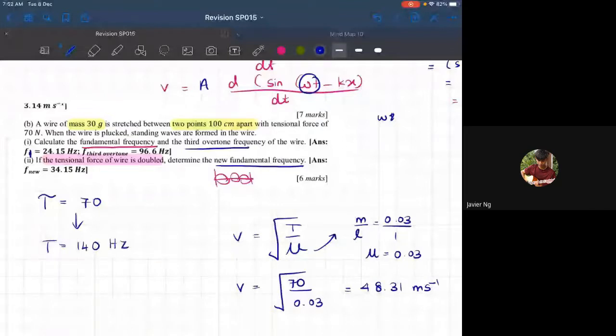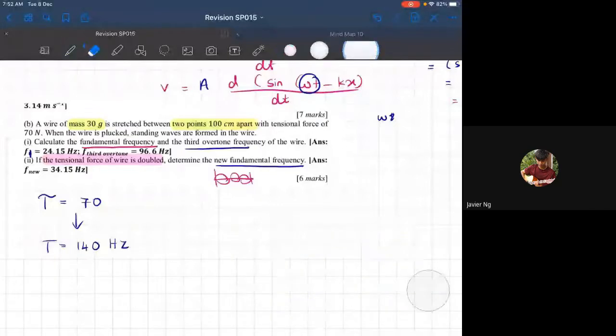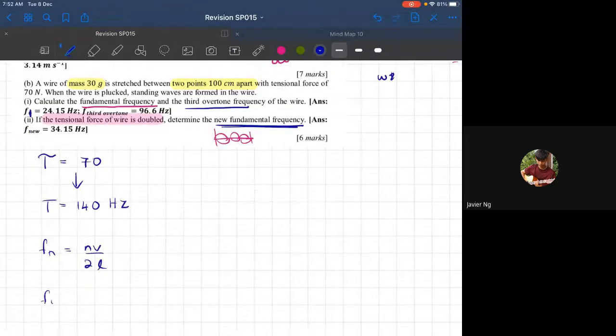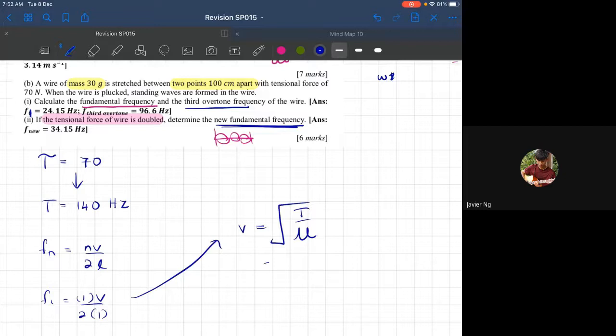So maksudnya kita kena kira lah our new V, sebab kita nak cari new fundamental frequency iaitu F1 equals to, Fn equals to NV over 2L, isn't it? So F1 sama dengan 1V over 2L. So kita kena cari V barulah sebab tension dia dah berubah kan? So V is equals to square root of T over mu. And then our T is 140 over, tadi mu kita sama dengan 0.03.